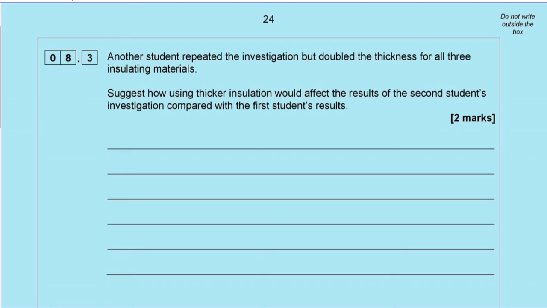Because the layer of insulation is thicker, it's going to take longer for energy to transfer through it. So a key feature of the second investigation would be that we'll be seeing smaller temperature rises for all 3 materials.